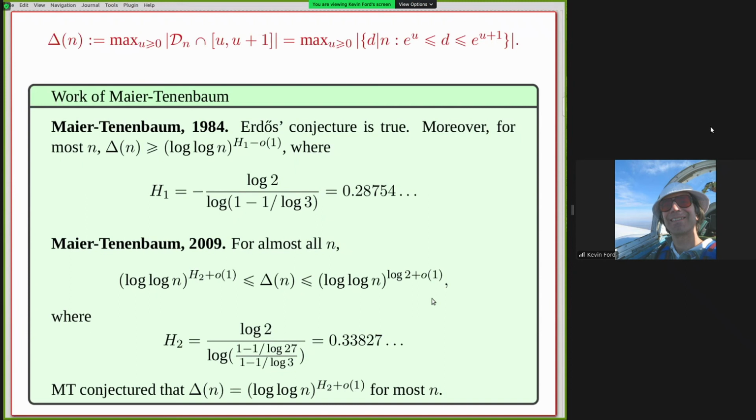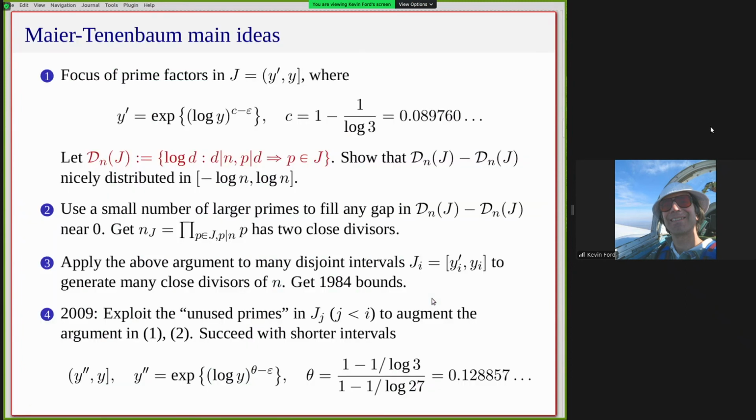So I want to briefly outline some of the methods, some of the highlights of the Meyer-Tenenbaum work, because some of these will, of course, play a role in our new work as well. The first one was to focus on the prime factors of a random integer in a certain interval, y prime y, where y prime is given by this expression and c is a small constant.